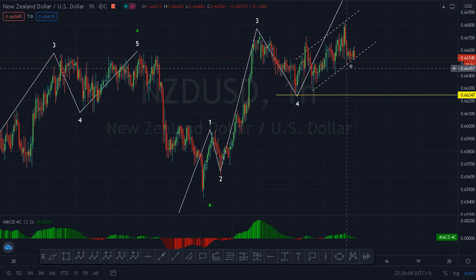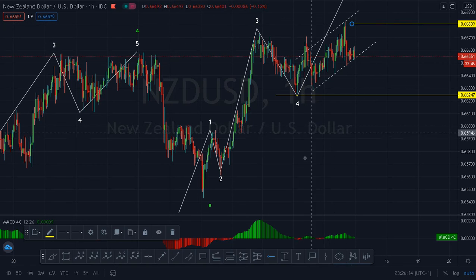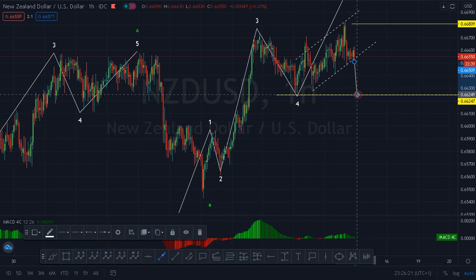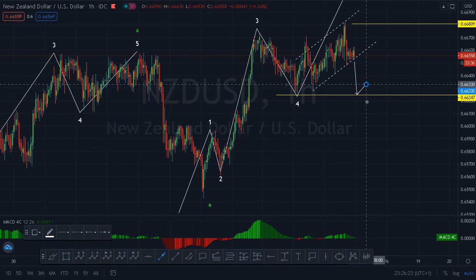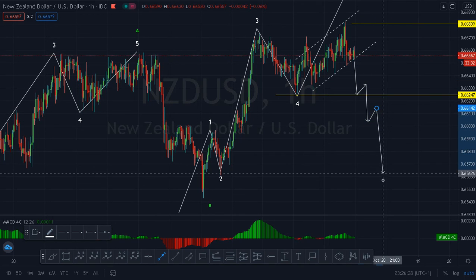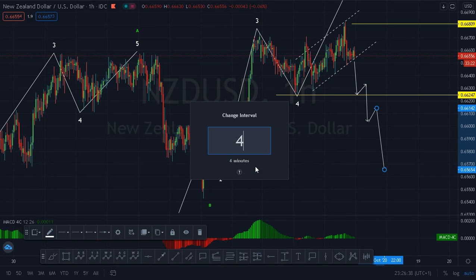If I sell, my stop will be here, and my target will be here. So if I sell, I will target here. So that's it for NZDUSD.